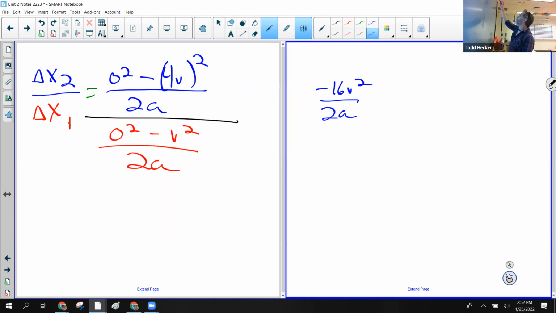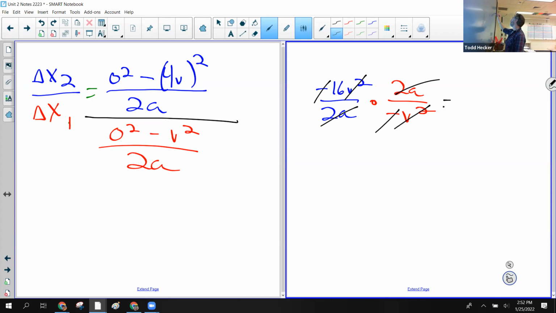Divided by the red. So I'm going to multiply by the reciprocal. So times, I'm going to have 2a on the top, and on the bottom, 0 minus v squared. And then simplify. So let's see, the 2a's cancel, the negatives cancel, the v squareds cancel, and you get 16. That means he's going to stop in 16 times the distance on day 2. Okay.